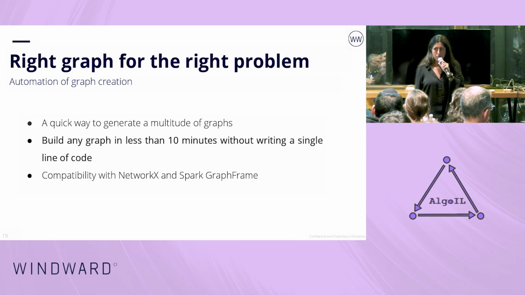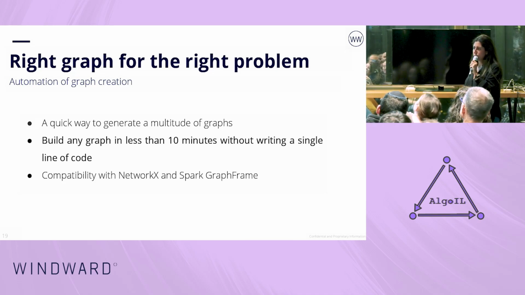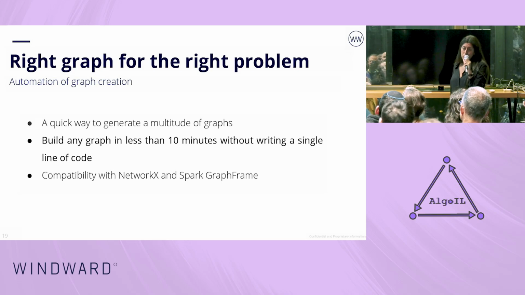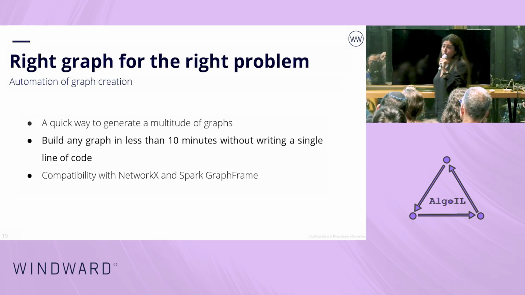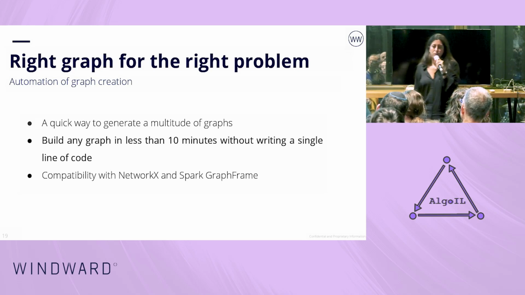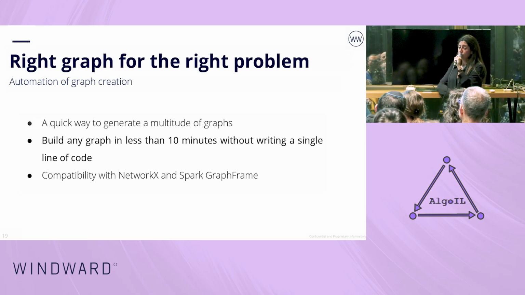That's the approach we chose because it seemed easier for us to work with algorithms on smaller graphs. But that also had a disadvantage, right? Because we needed to be able to build a lot of graphs in a minimum amount of time, because we wanted to try multiple experiments and to have quick iterations.